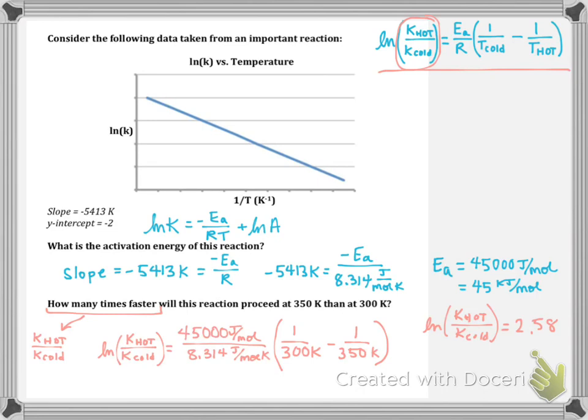So again, we get rid of our natural log with an exponential, e. And so that will tell us k hot over k cold is equal to about 13.2. So we can say that at the higher temperature, the reaction goes 13.2 times faster.